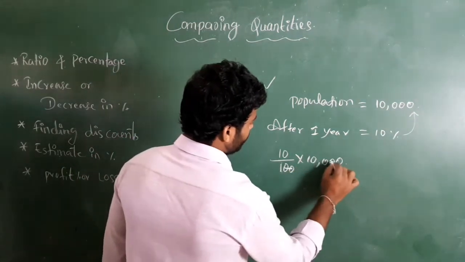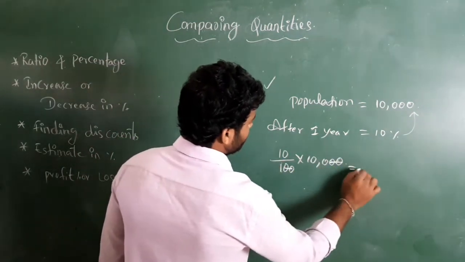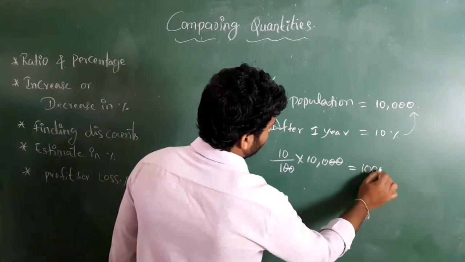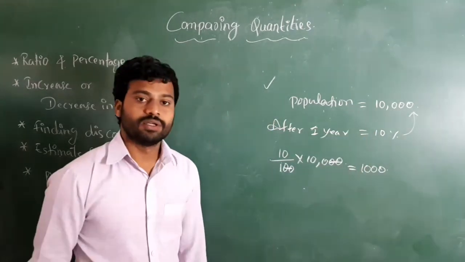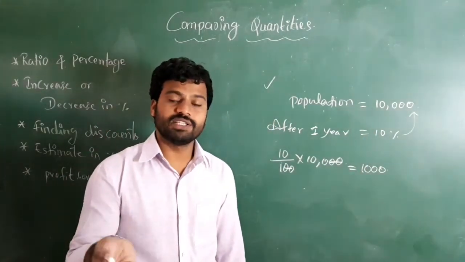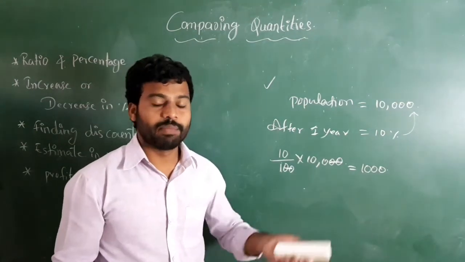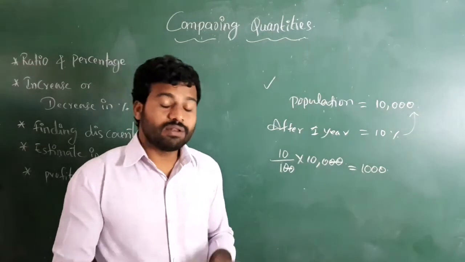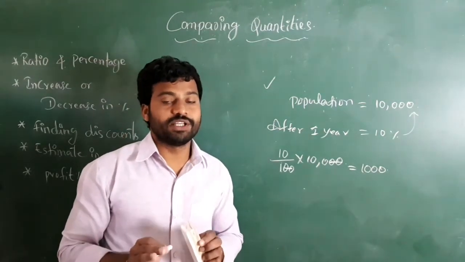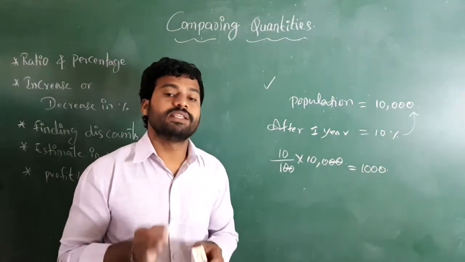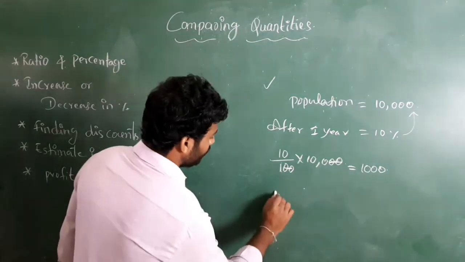So now what we have to do? 2 zeros we will cancel. So this will be 1000. Okay. So 10% is increasing means 1000 people are increasing compared to last year. So what will be the total population in this year?